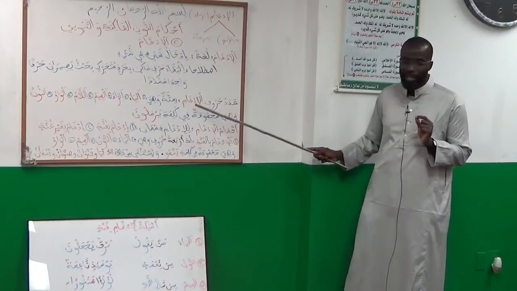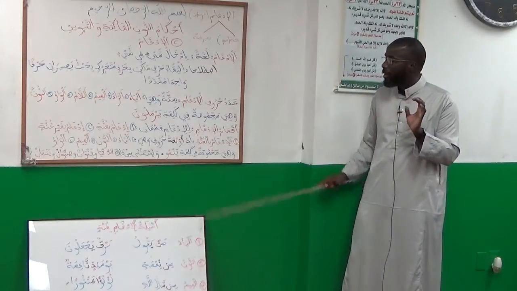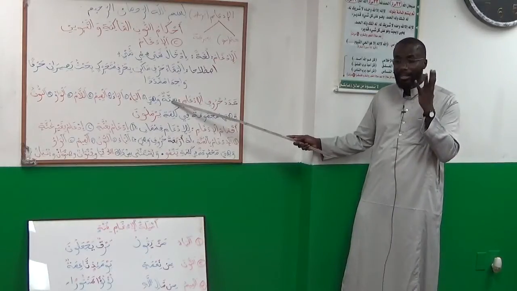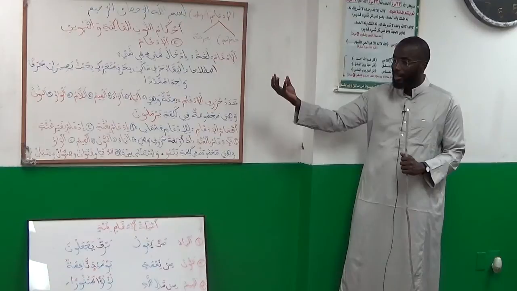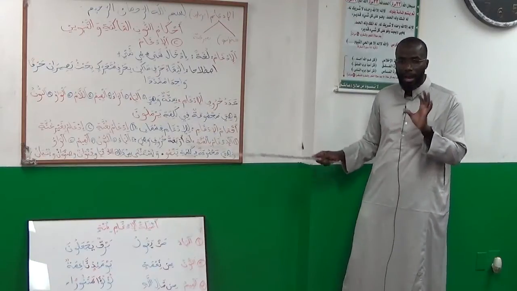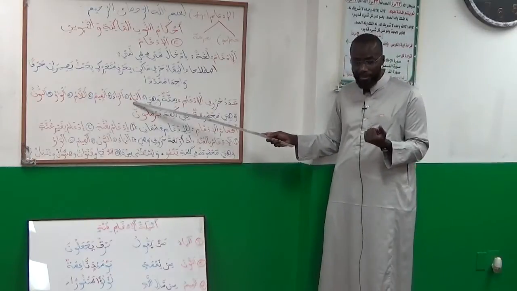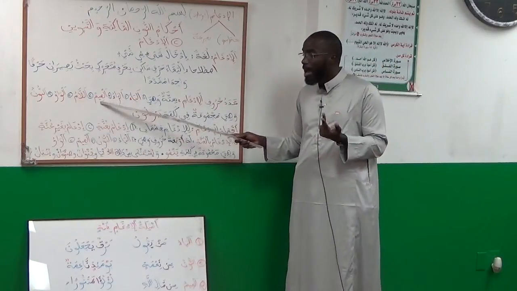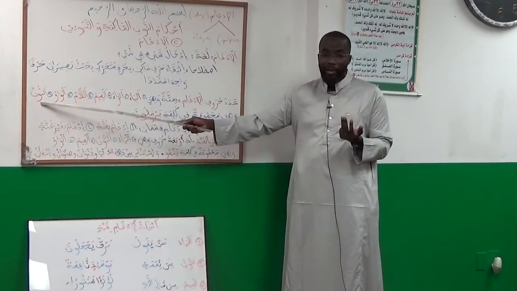Adadu huruf al-idgham. How many letters does al-idgham have? It has sitta. It has 6 letters. So just like al-idhar that had 6 letters, al-idgham has 6 letters. What are these 6 letters? They are al-ya, al-ra, al-mim, al-lam, al-waw, al-nun.